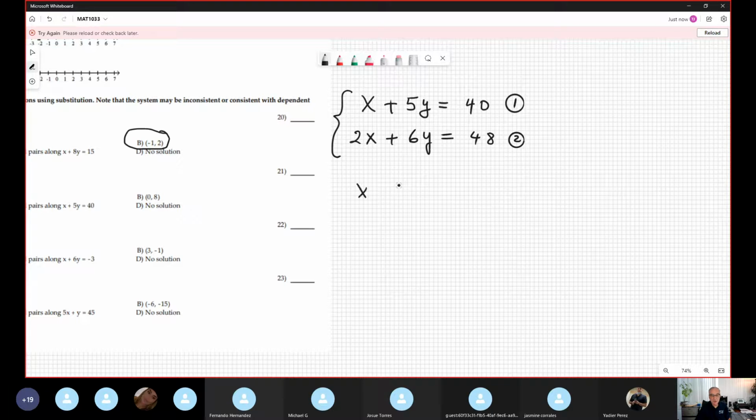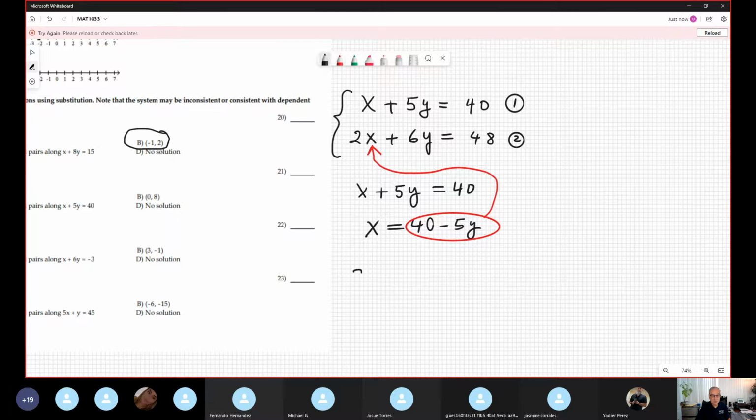I copy, I solve for x: 40 minus 5y, and substitute this expression into the other equation here.